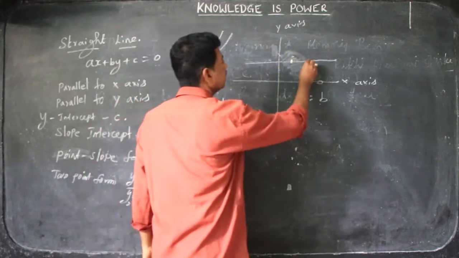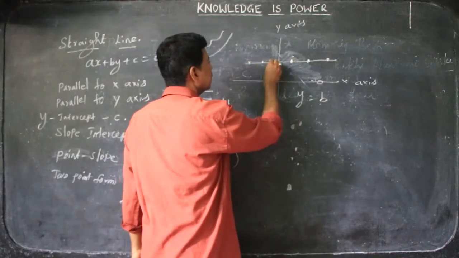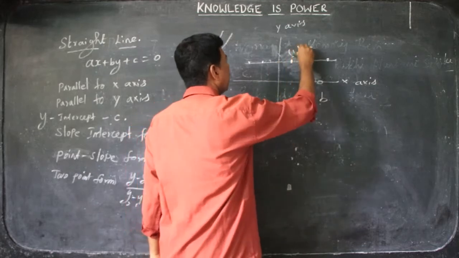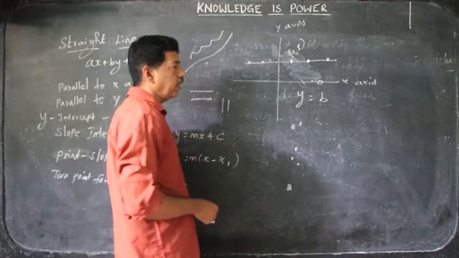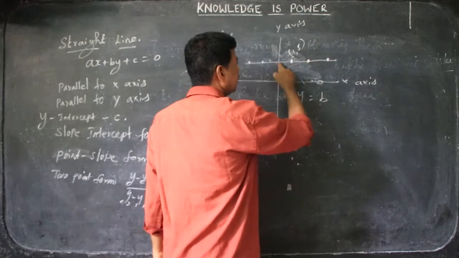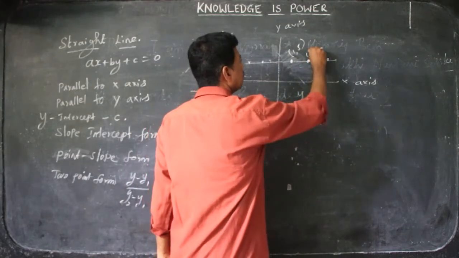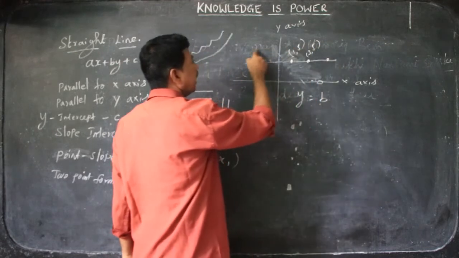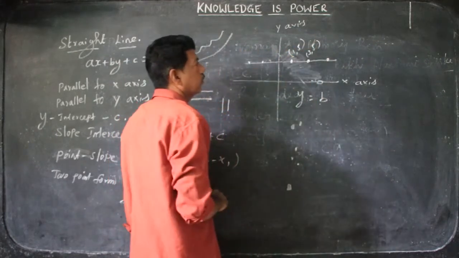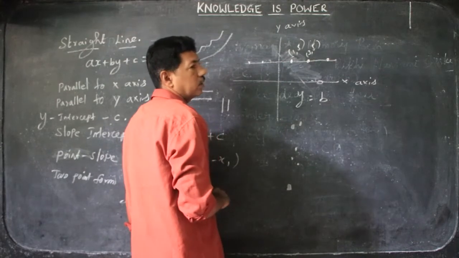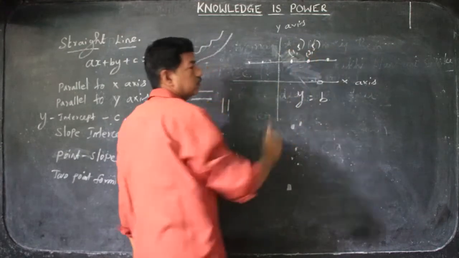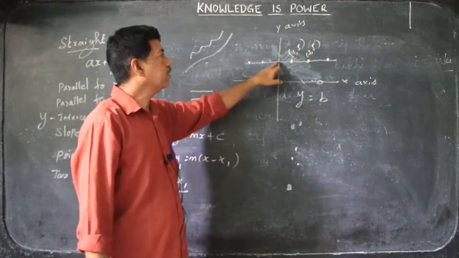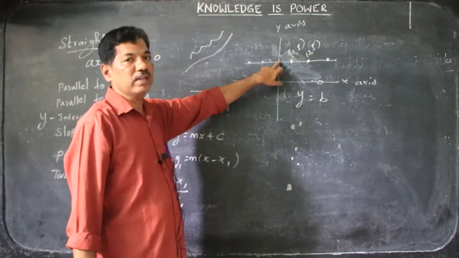Some points here we can mark. Suppose this is 1, this is 5: 1 comma 5. Suppose this is 3, directly above 3 it will be 3 comma 5, it will not change. It's clear, this will be constant. On this side it is +5, on that side -5, but it will be a fixed point.